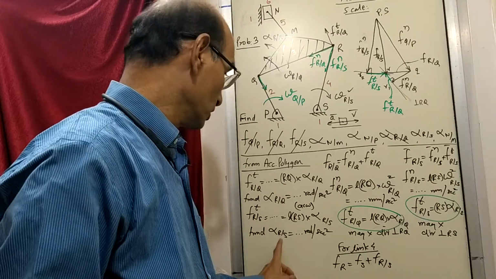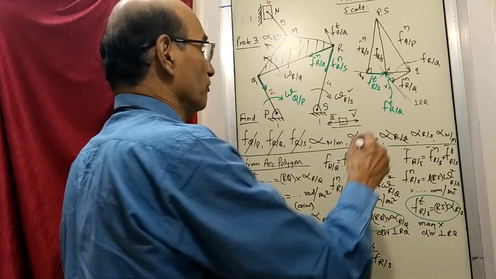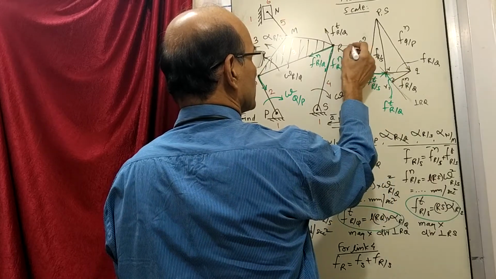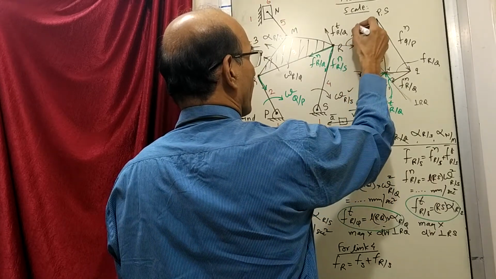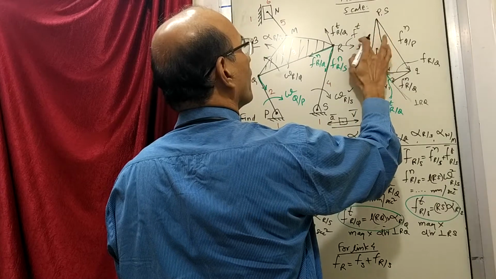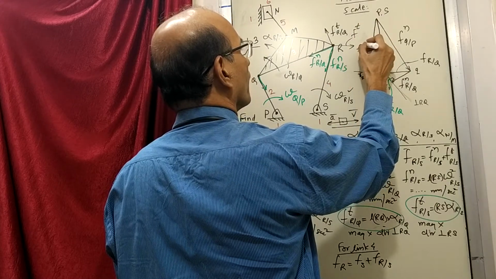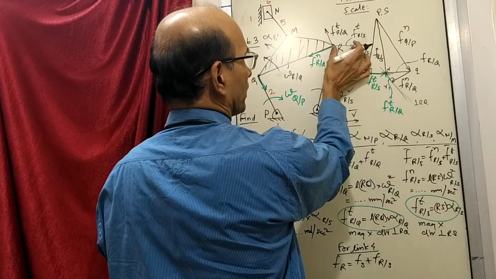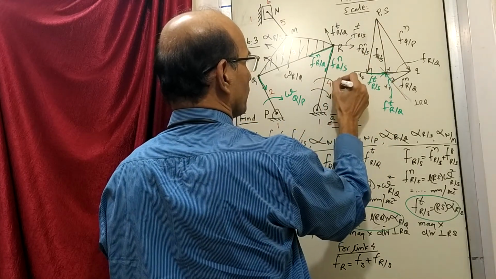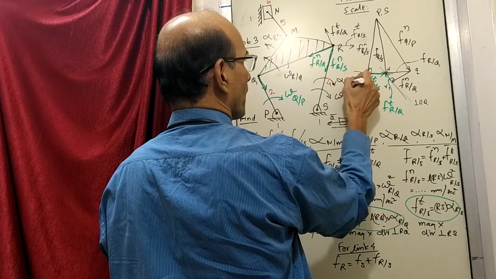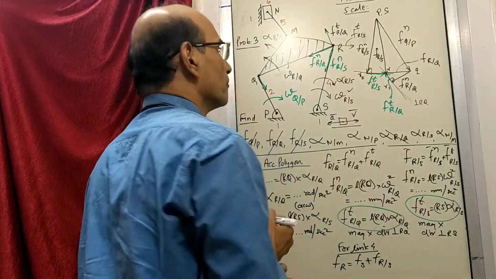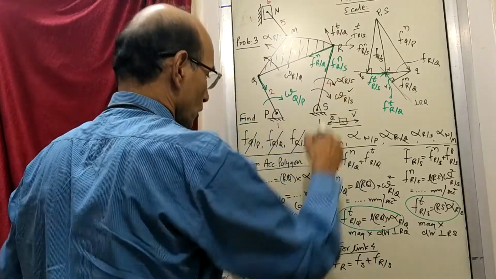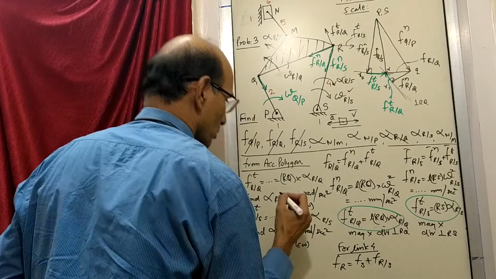For the direction, you have to show this vector r with respect to s, tangential. It is like this. So this vector I have drawn here, which shows that this is alpha. Alpha is like this because the tangential is like this. So which is clockwise. So we'll write here clockwise.